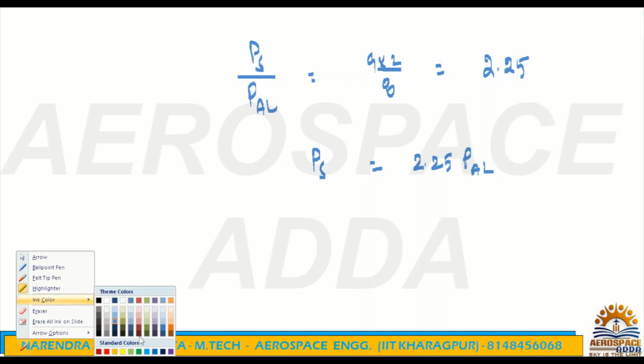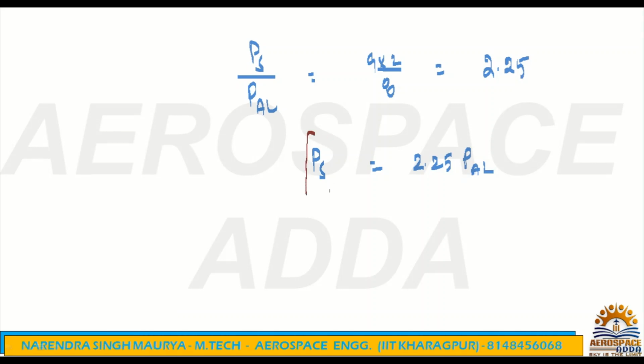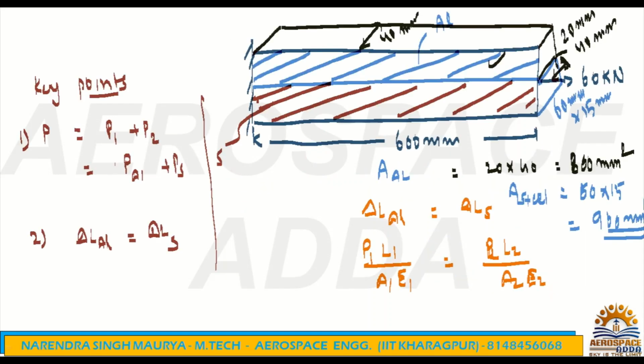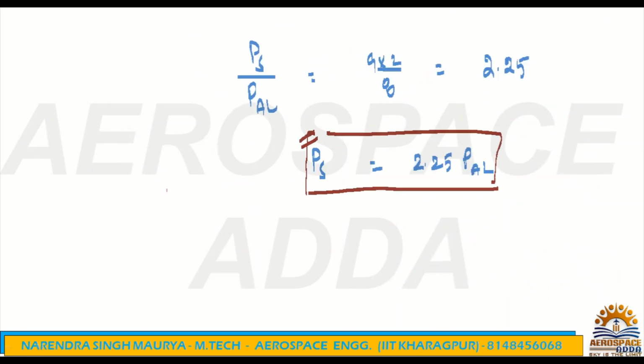Now it is very easy for you, because this equation you can take as the second equation, and the first equation you can consider from the key points. This is the first equation. Use these two equations. So what we have is P is equal to P aluminum plus PS.